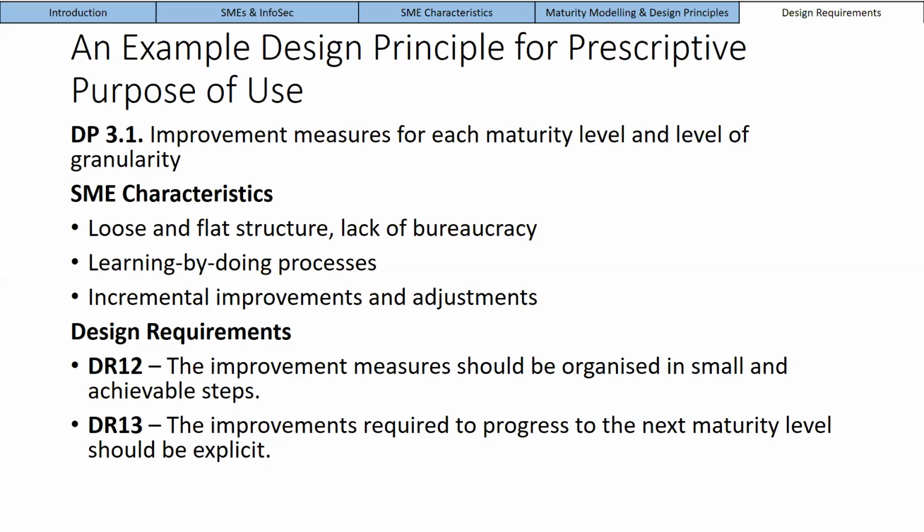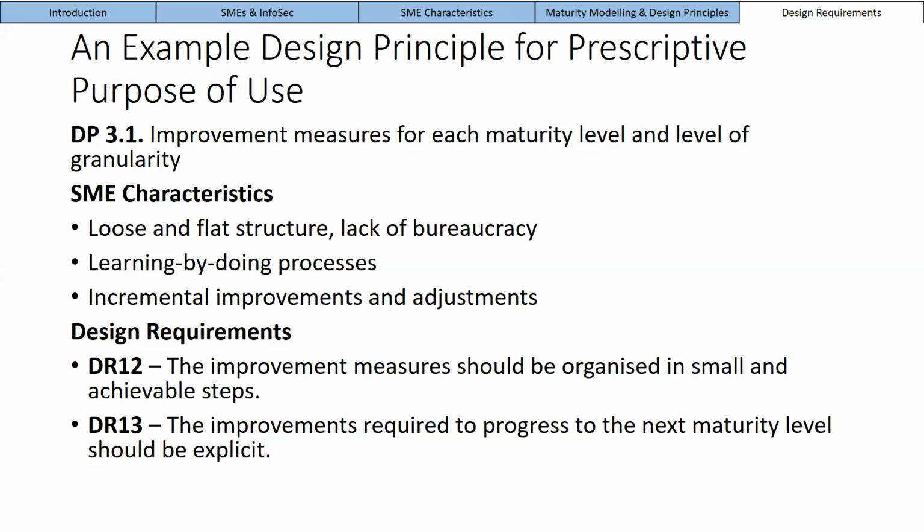So SMEs most of the time learn by doing, and they incrementally improve and adjust their processes. So the loose and flat structure and lack of bureaucracy can facilitate the decision-making processes and might be considered important for this design principle.